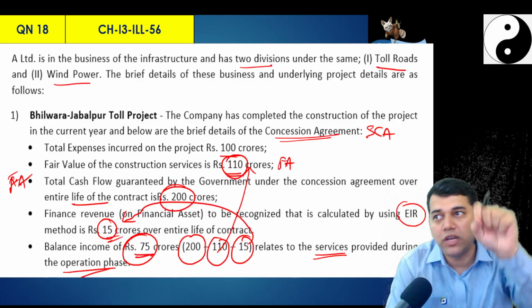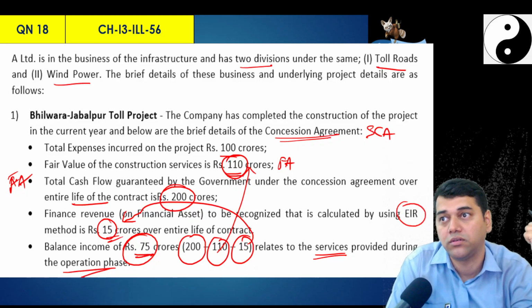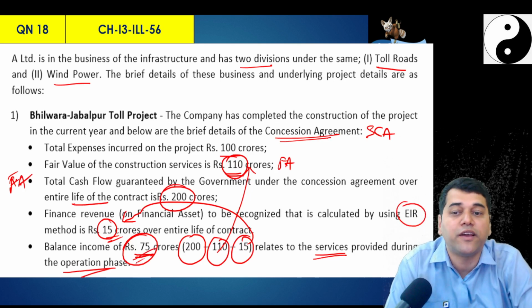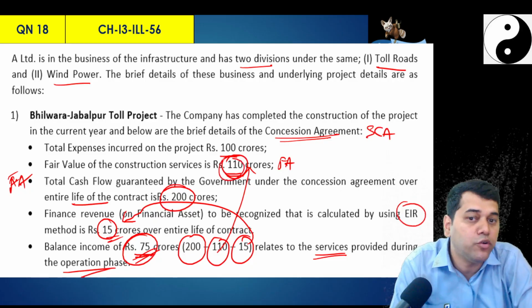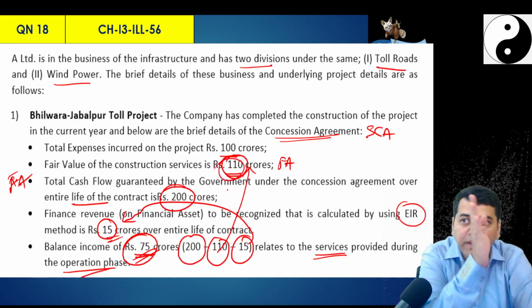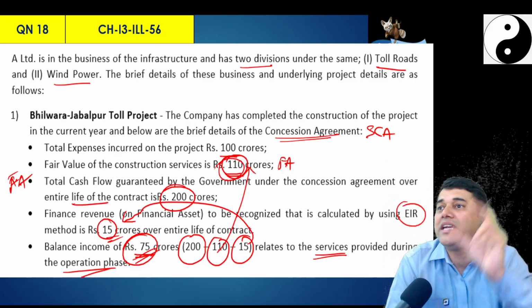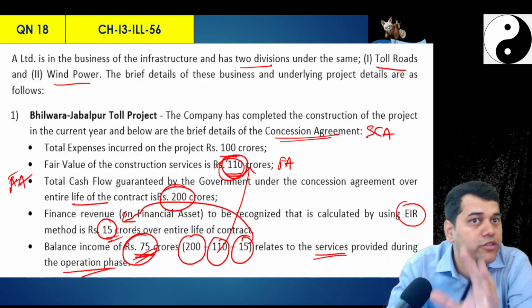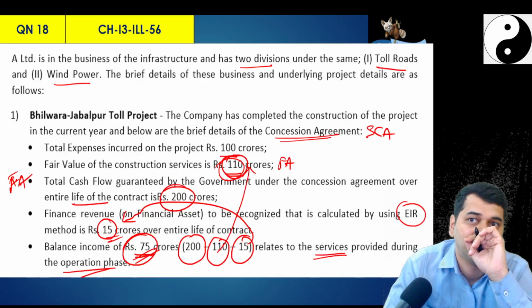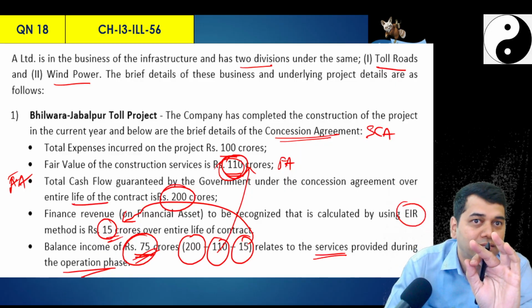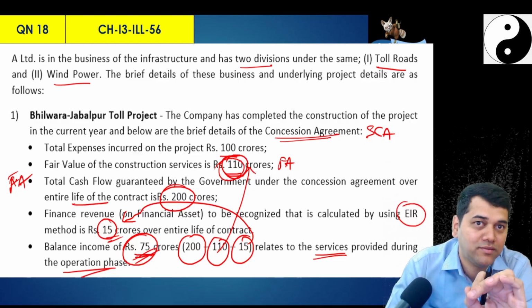And whatever toll collections you get, you credit to my account. For doing that job, I will give you 75 crores. And for construction, I will give you 110 crores. Since I am not paying you immediately, since I will pay you in EMI, I will pay you additional interest of 15. Have you understood this question very clearly? Any doubts?